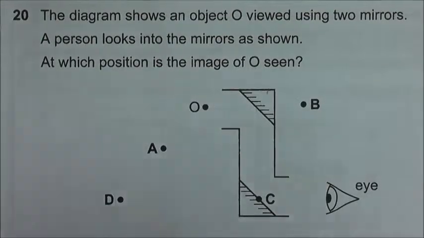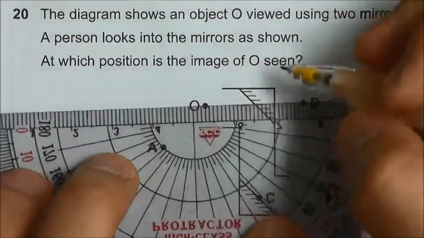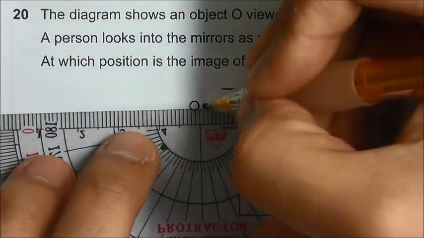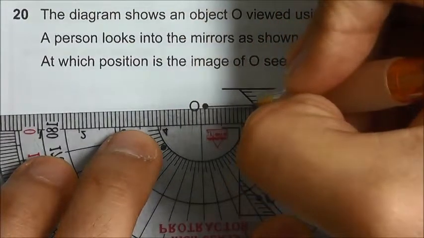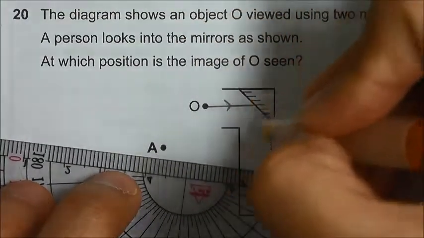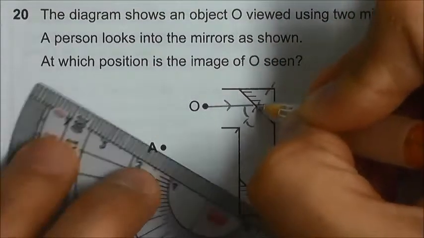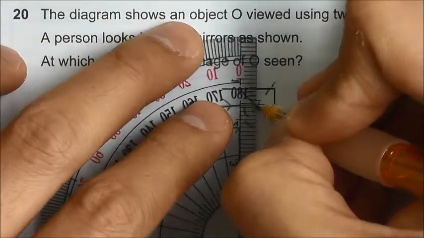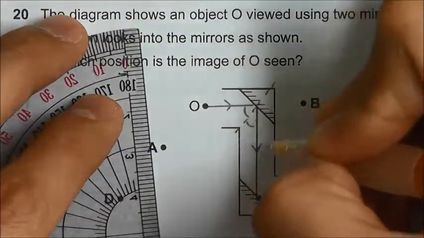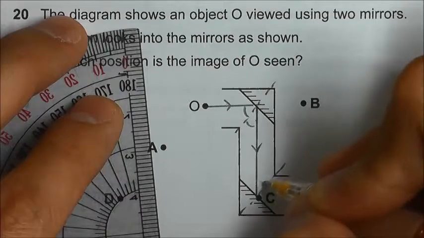This is a periscope. So we have an object here, and the light from the object will travel in this direction and it will hit the mirror. This is the normal, and it will be reflected downwards, and we have drawn another normal.